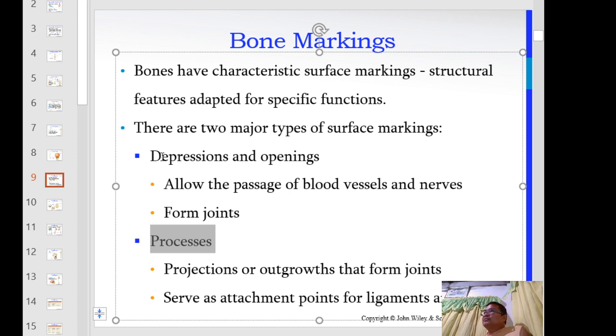Depressions are sometimes there to form joints. Processes are outgrowth structures. They might be involved in joint formation or serve as attachment of ligaments or tendons.